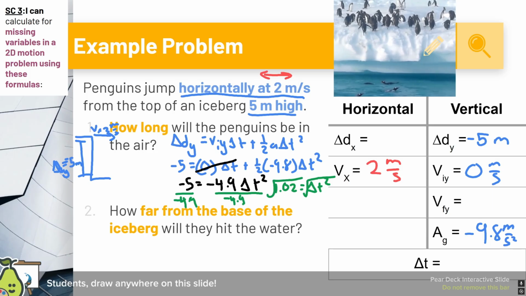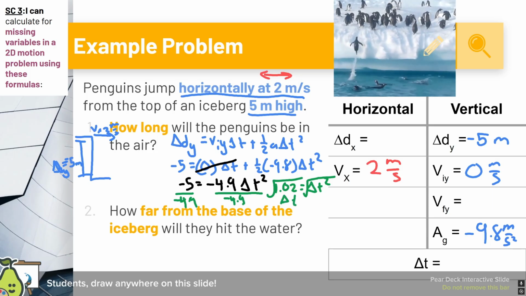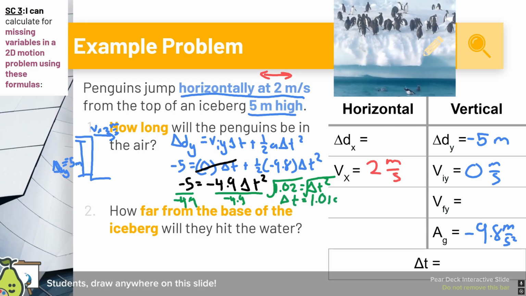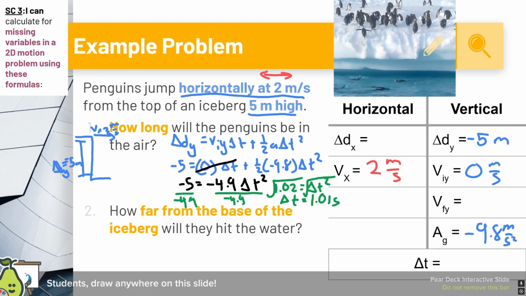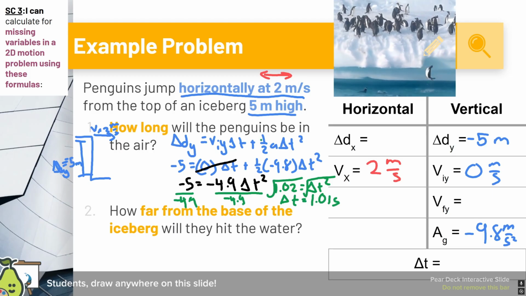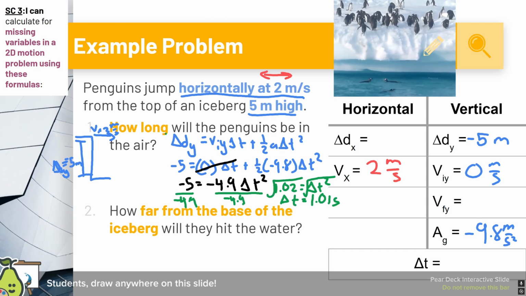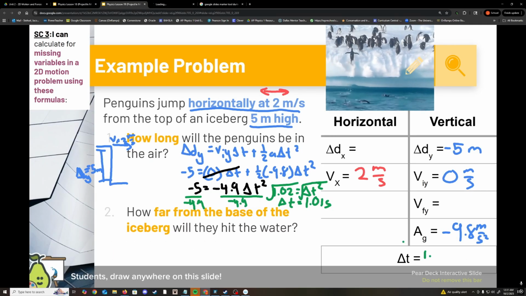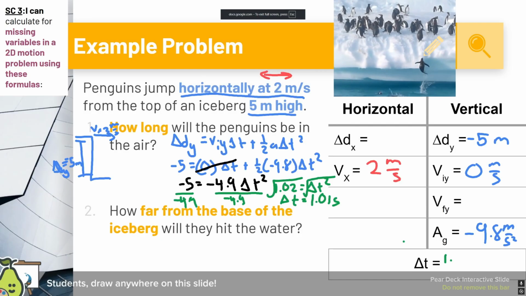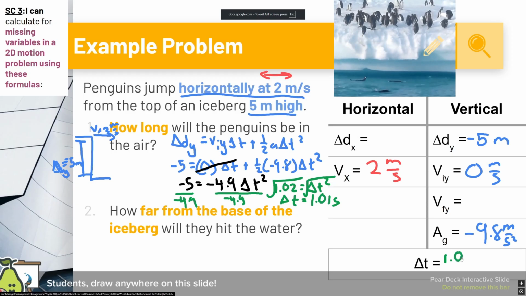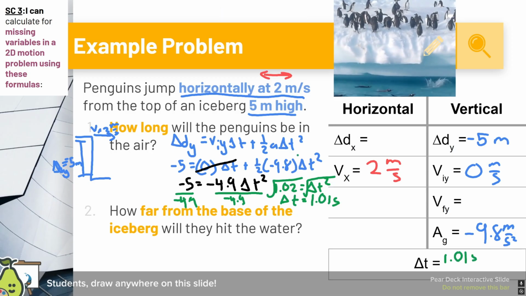It is 1.01. Time of 1.01 seconds. Again, whenever you're doing these problems, they're not going to tell you to solve for time, so you need to know to do that immediately without any indicator. Oh my god, that's so annoying. All right, 1.01 seconds. Okay?